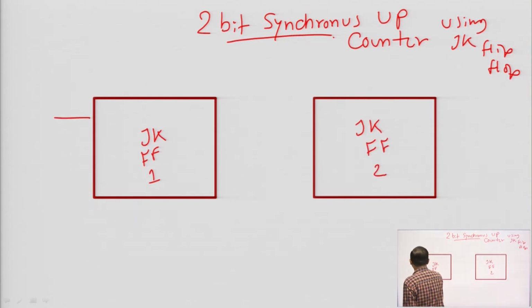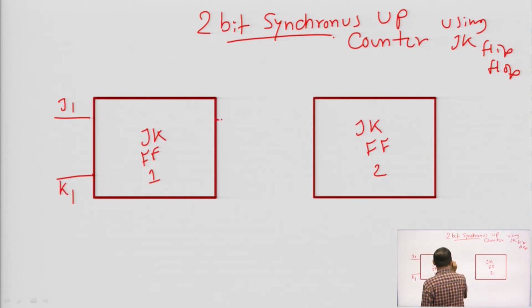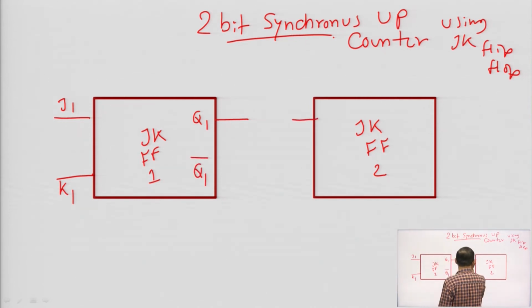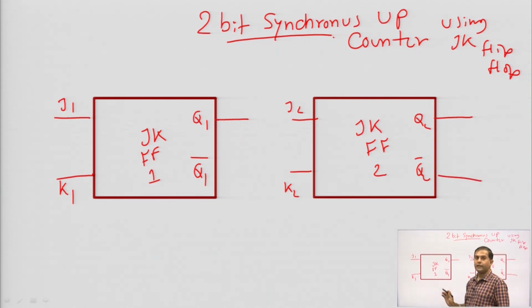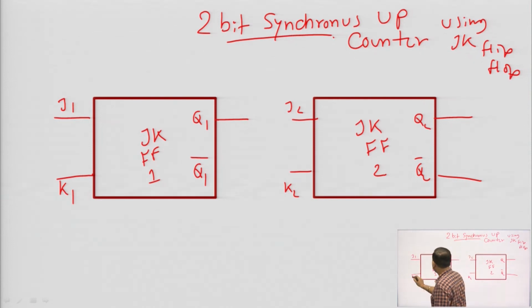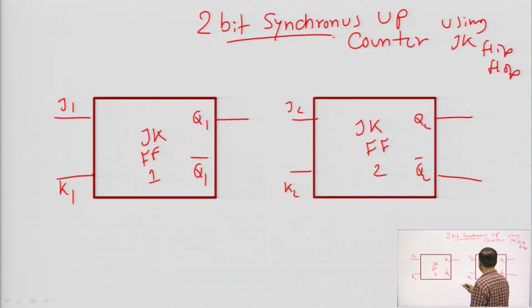This will be J1 K1, this will be Q1 and Q1 bar, this is J2 K2 and this is Q2 and Q2 bar. We are just now drawing the format. Now, we have the inputs J1 K1, J2 K2.